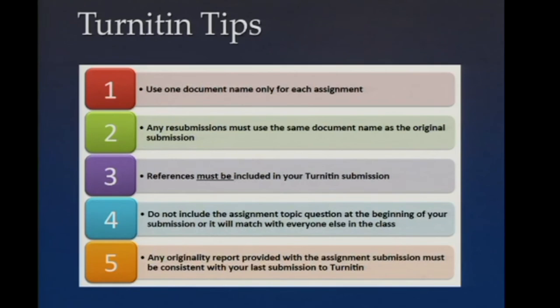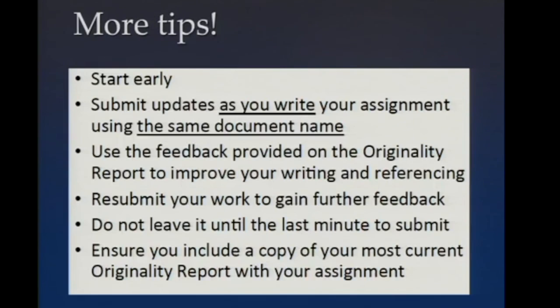It has to be consistent. You couldn't go from 68% down to 10% because that's not right either. There's a problem there as well. You can see where a student has tried to work on it.